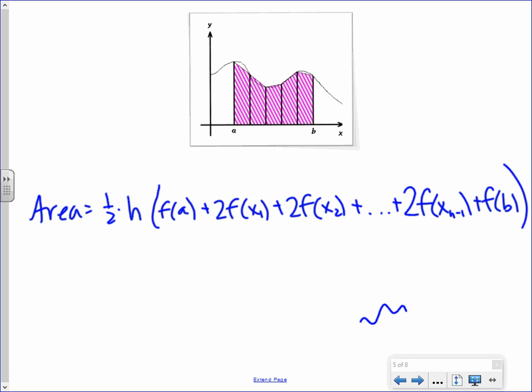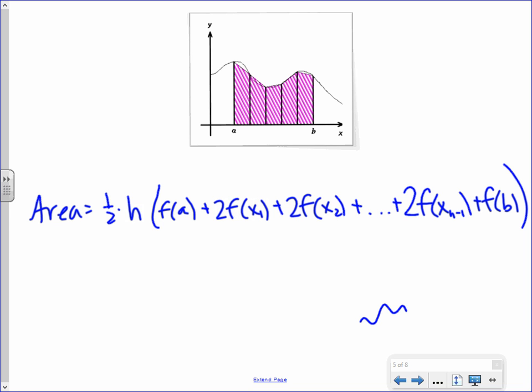Our interval is 1 to 2. And we're going to have 6 subintervals. So we're going to have 6 trapezoids. Okay, so go ahead and calculate delta x. What's delta x? 1/6. Okay, because we take 2 minus 1, 1 divided by 6.